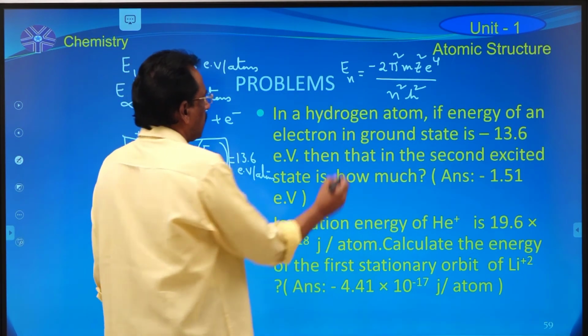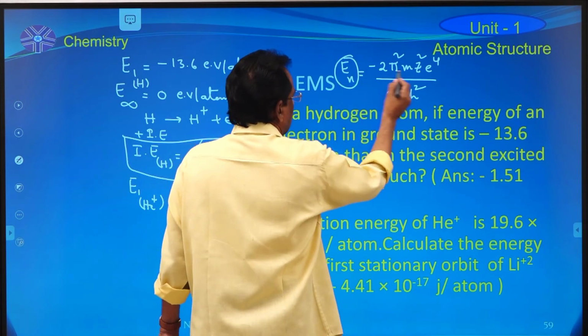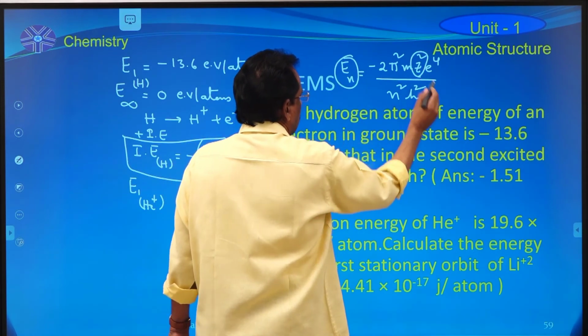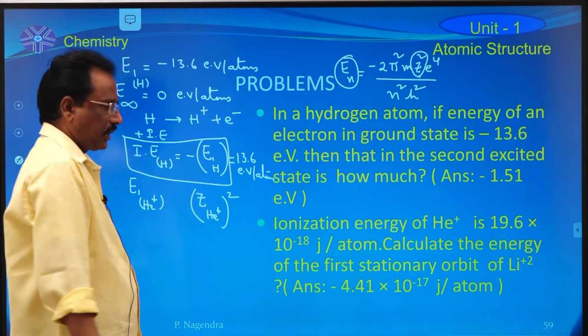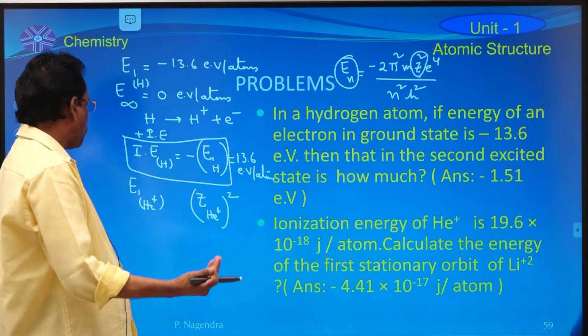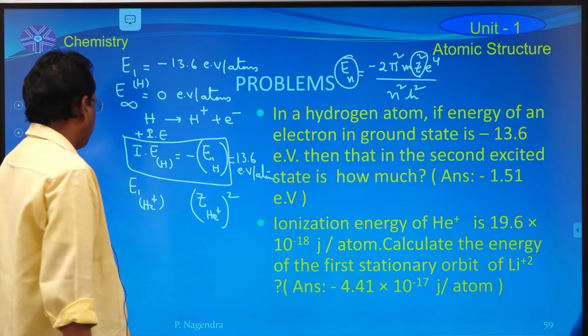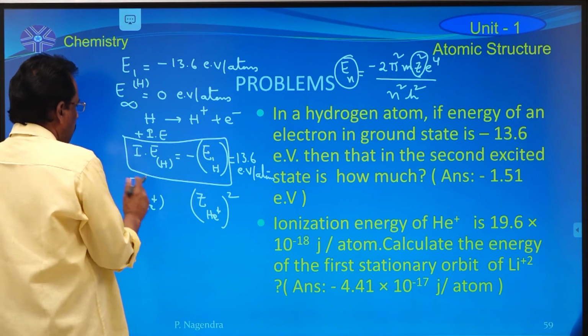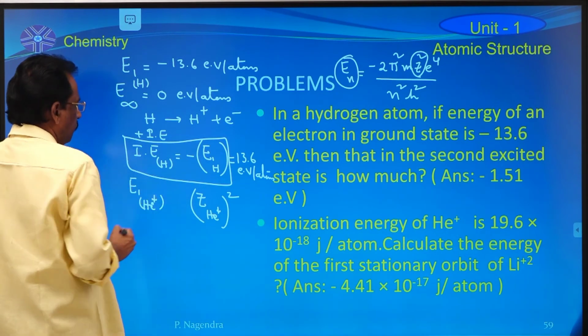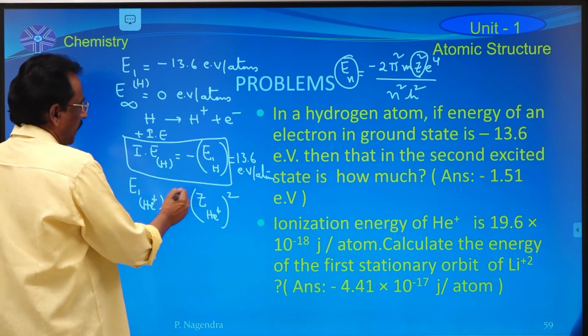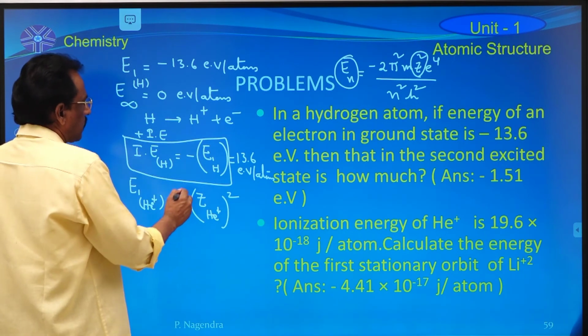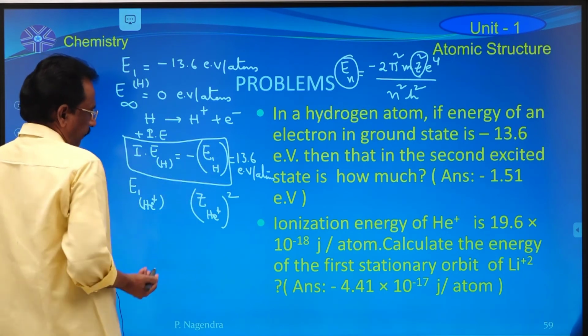That means energy and Z square are directly proportional to each other. So, based on that information, E1 of He plus is directly proportional to its atomic number square.